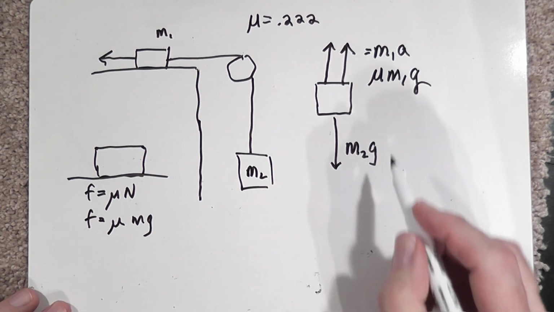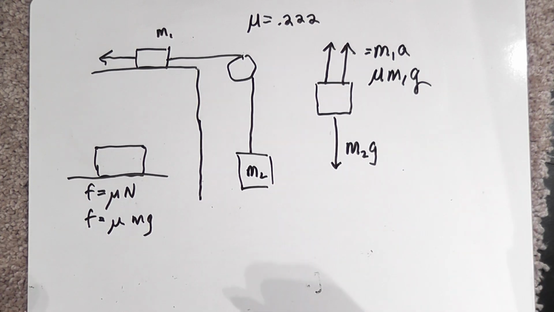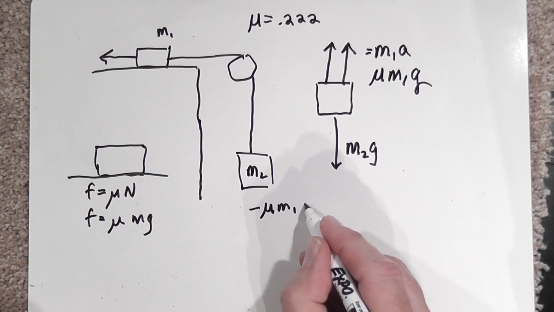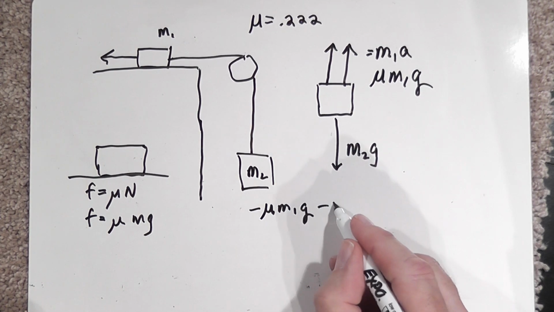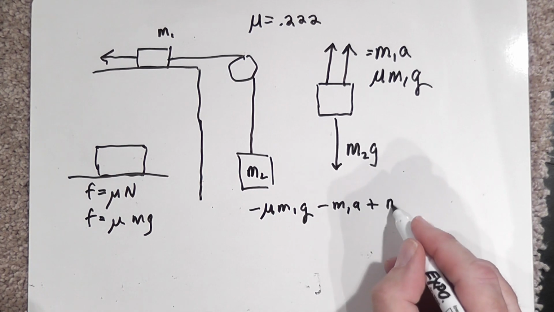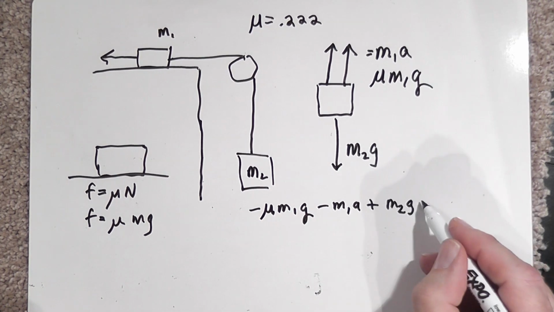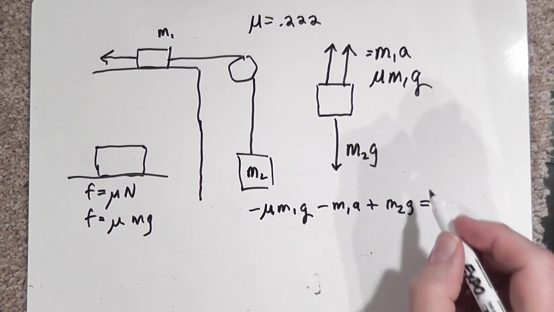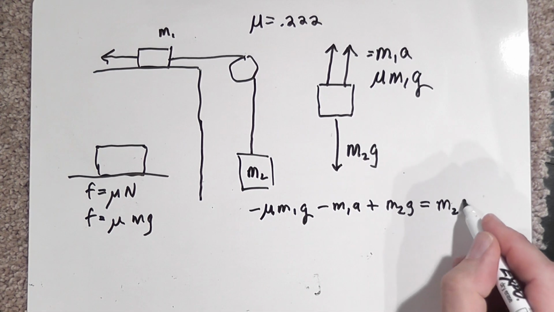So you put this together the same way as the last problem, and let's do that. Minus mu M1g minus M1A plus M2G is all going to be equal to, again, what's happening to M2, accelerating down, M2A.